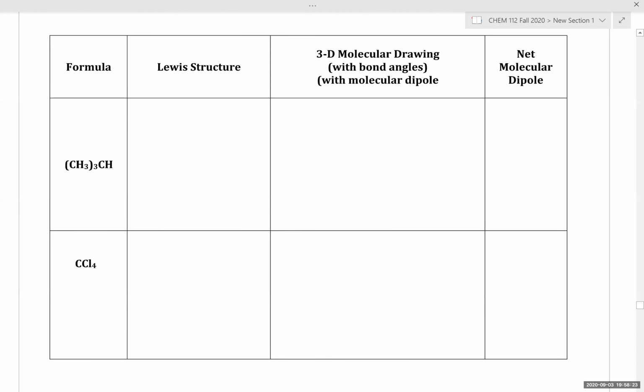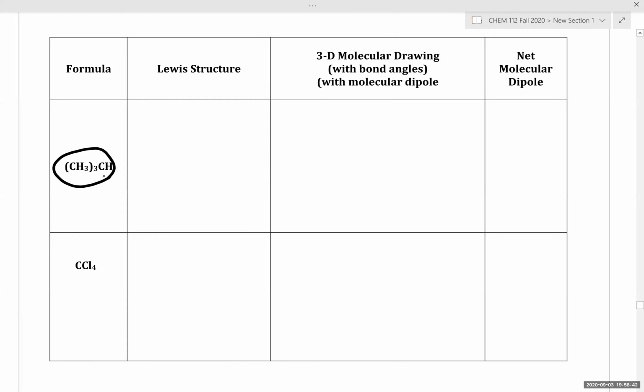In this case, let's look at the following two structures, and let's try to draw out a Lewis structure with a proper three-dimensional drawing, and then we'll draw out our net dipole. In this first case, we have the following structure.